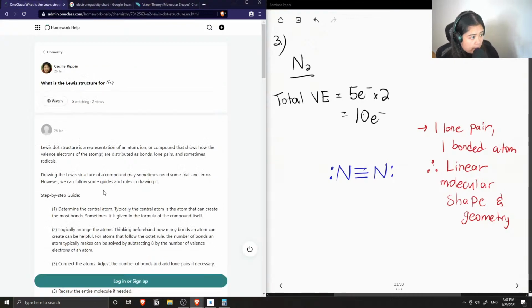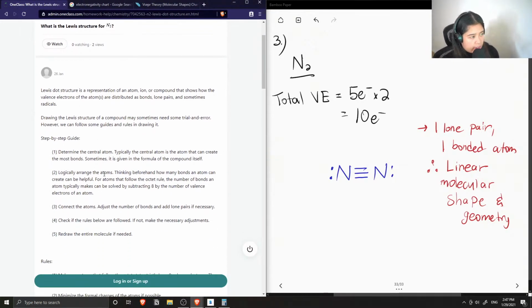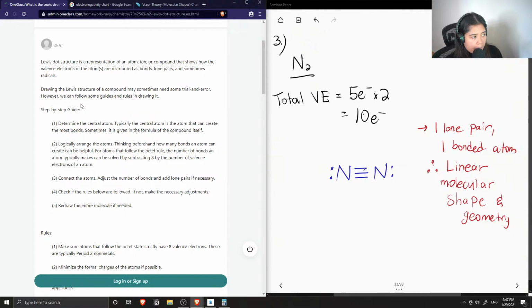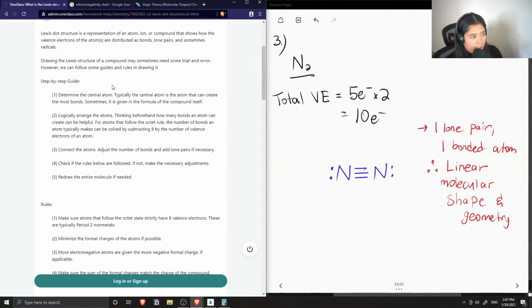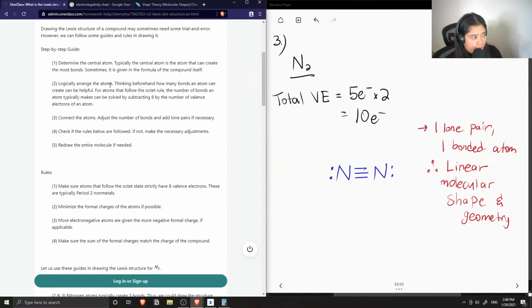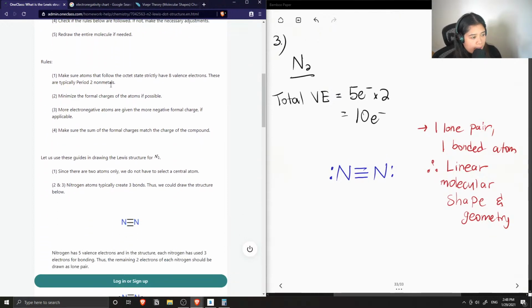Okay, so the junior tutor said that a Lewis dot structure is a representation of an atom, ion, or compound that shows how the valence electrons of the atoms are distributed as bonds, lone pairs, and sometimes radicals. And it may need some trial and error, so they have a step-by-step guide and some rules that'll help us draw out the structure.